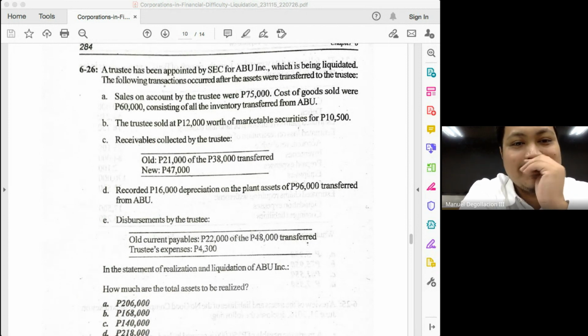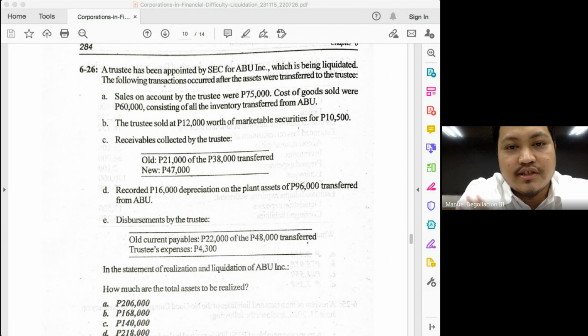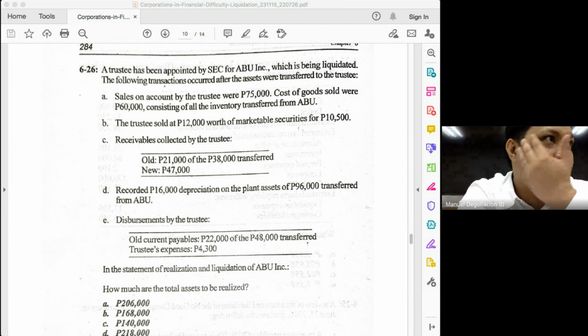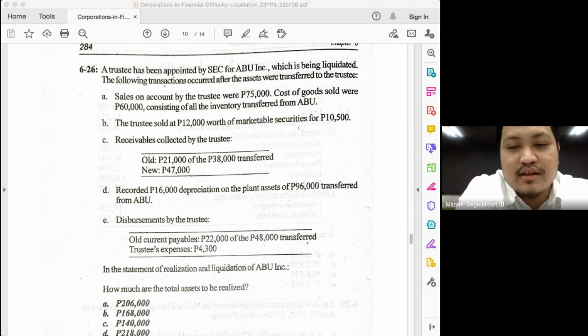And then sale of the marketable securities, class. Gain or loss? Loss of 1,500. Collection of receivable, class. Does it result in a gain or loss? Collection of receivable? No. Okay, so that will not be relevant in our computation for the net gain or loss.